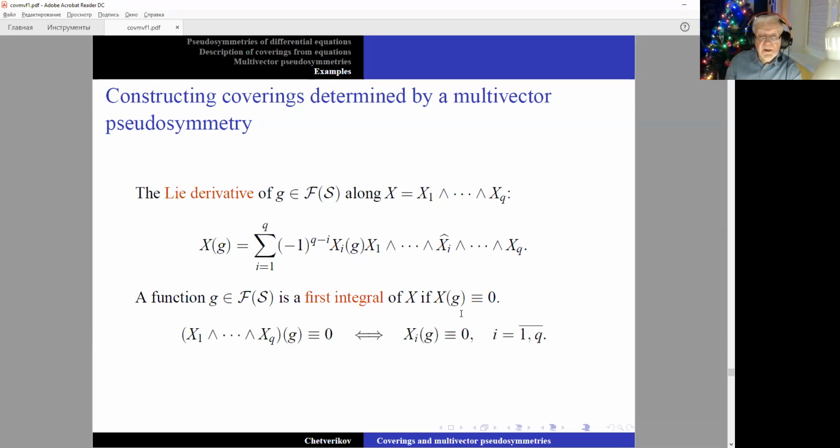Then we have this fact. This fact implies this fact, which can be used to compute coverings determined by the multivector pseudosymmetry X.